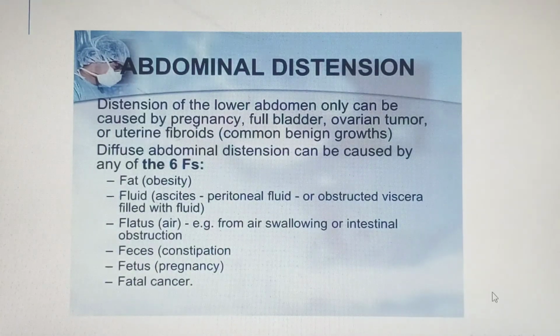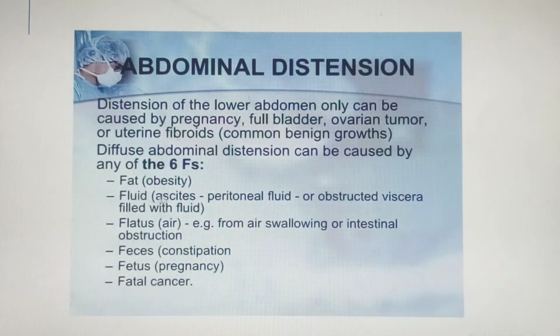Now let me just give you this information. Sometimes there could be abdominal distension, or there could be a question that you should tell the 6 F's, or whatever F's that you can find in the abdomen. Mainly these things will cause distension of the abdomen, and these are of course fat, if you build a lot of fat in the Camper's fascia, then the abdomen becomes distended.